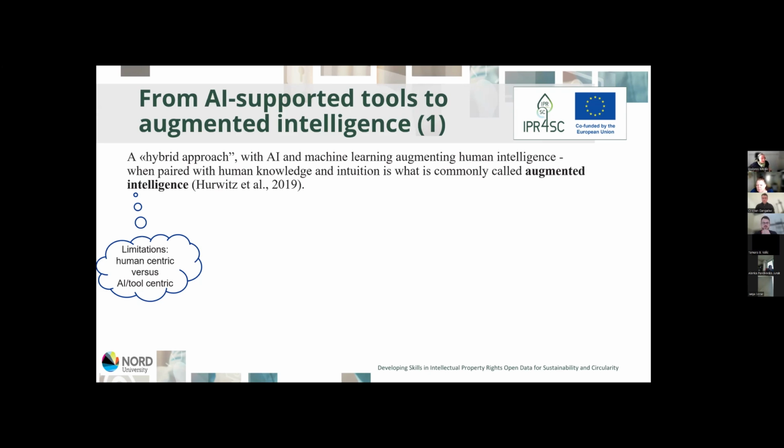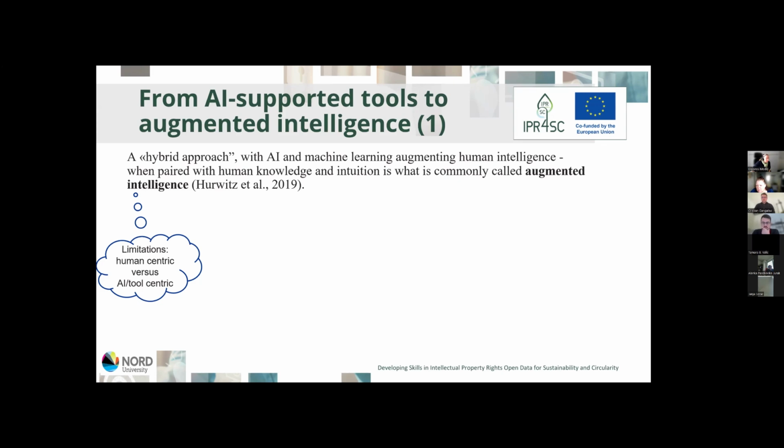That, of course, in terms of AI and IP tools, means we also need to be able to intelligently use these tools, as well as it means we need to be able to understand some of the limitations of these types of tools, right?